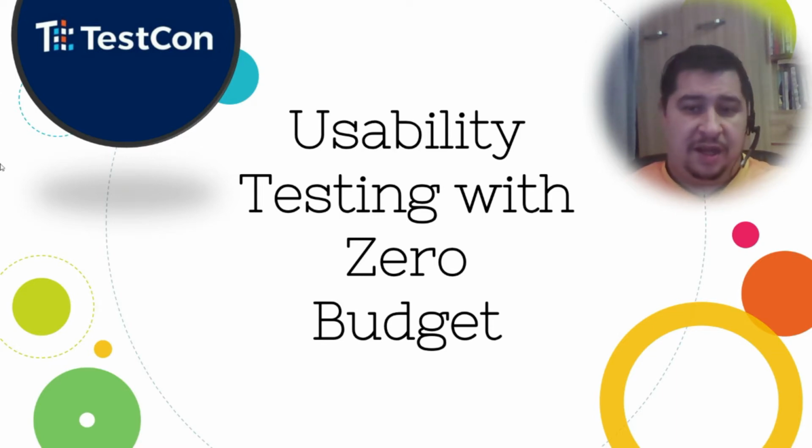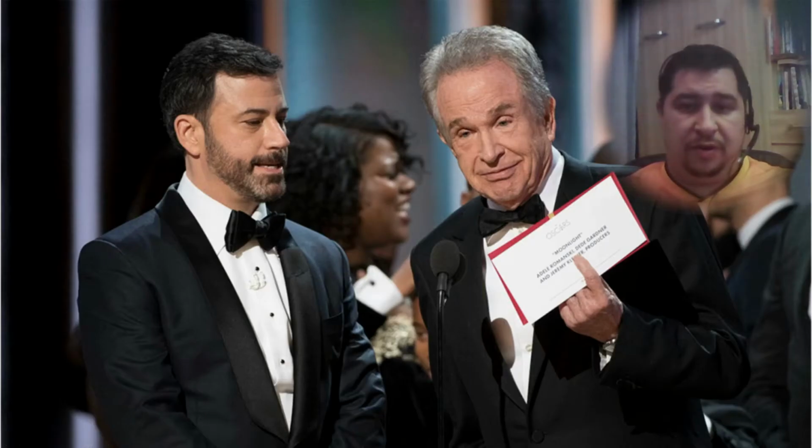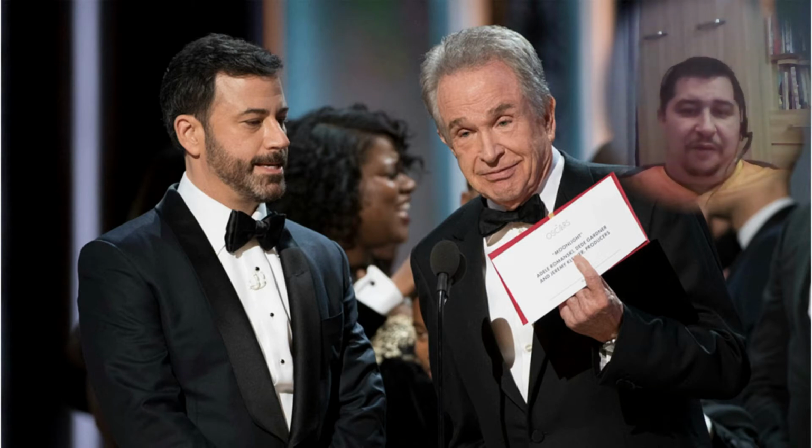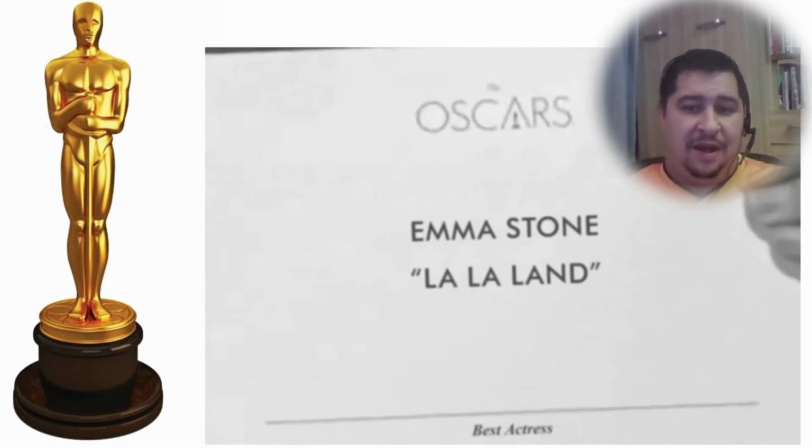So, in the beginning of my talk, I'm going to bring you to year 2017 and the Oscars. I don't know if you remember the mistake that happened there. It was really interesting because for the best picture, actually they grabbed the paper where Best Actress was written, about Emma Stone and La La Land.